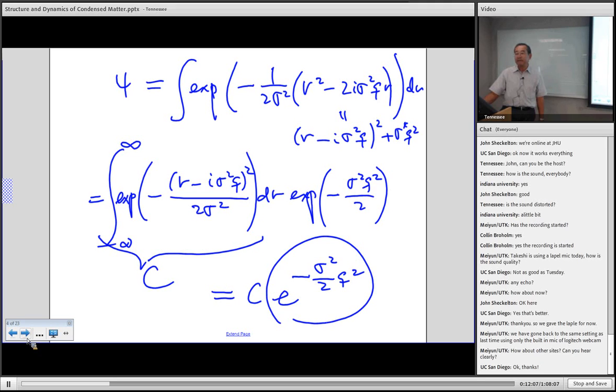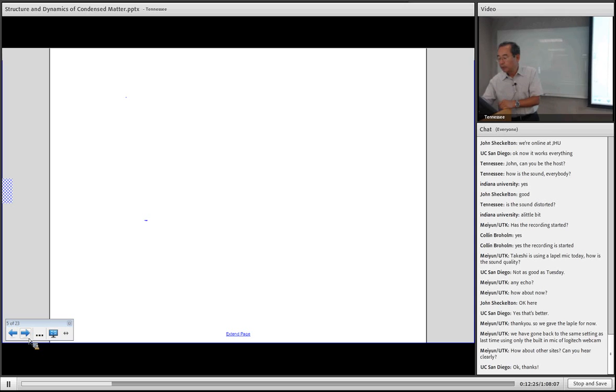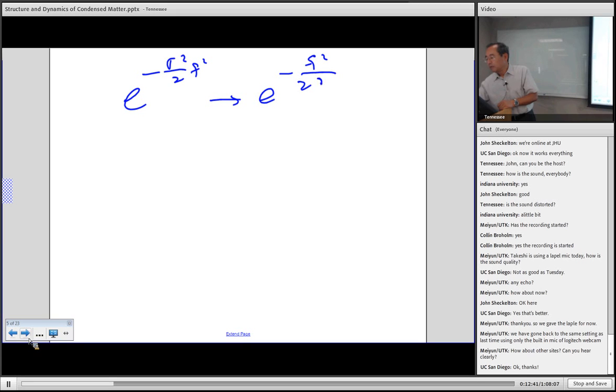So the Fourier transform of a Gaussian distribution is a Gaussian, e^{-σ²Q²/2}, with width in Q equal to 1 over sigma.